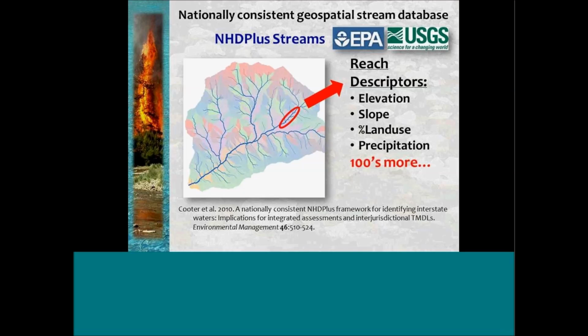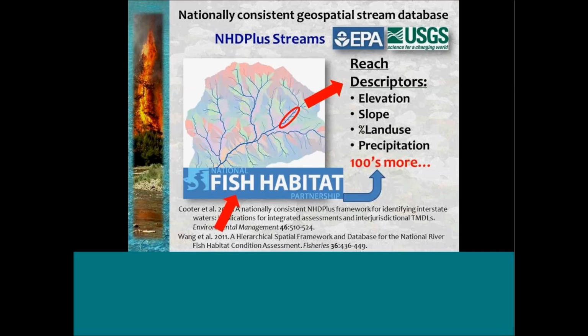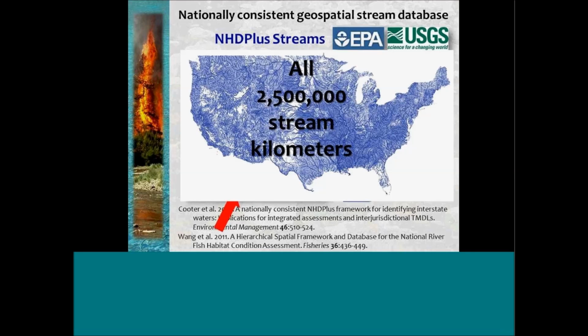The beauty of this stream layer is that it's got unique reach identifiers for every reach, but it's also got dozens and hundreds of predictor variable covariates that are linked to each of those reaches. And through, say, the National Fish Habitat Partnership, they've developed databases that bring in even more predictor variables for those individual reaches.